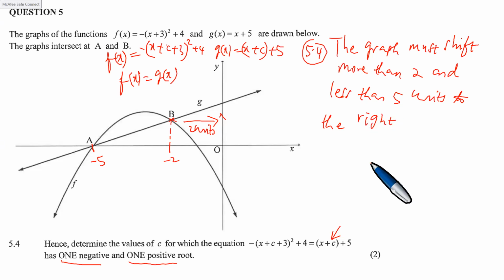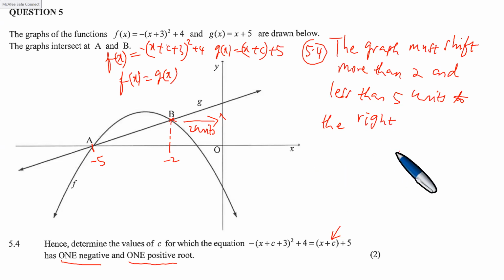So the graph must shift more than 2, because if it shifts only 2, the point B is going to be on the y-axis. So it must shift more than 2 and less than 5 units to the right.